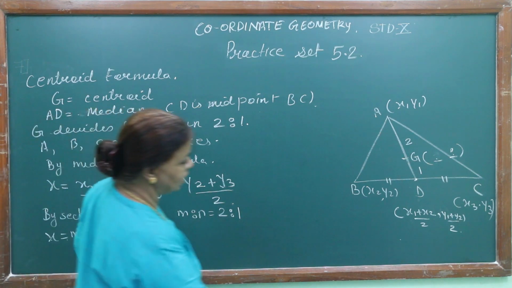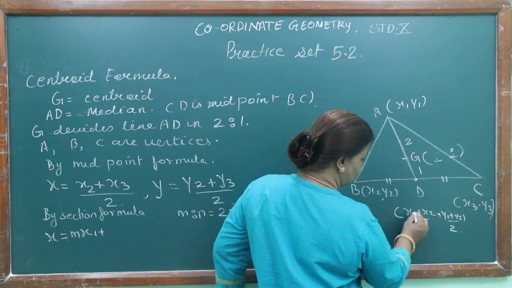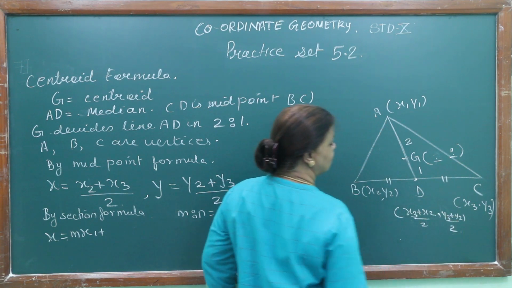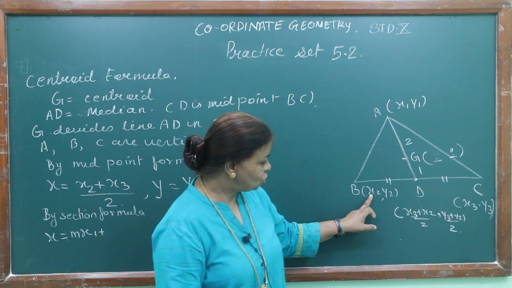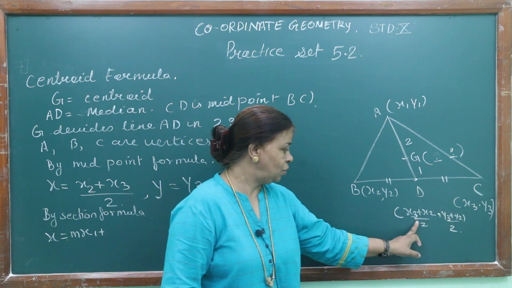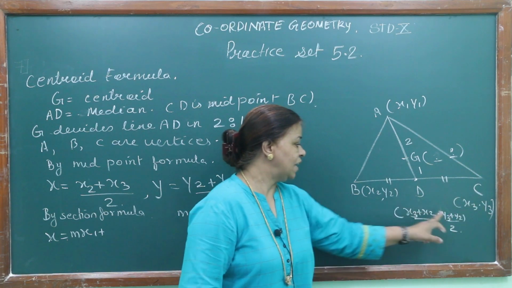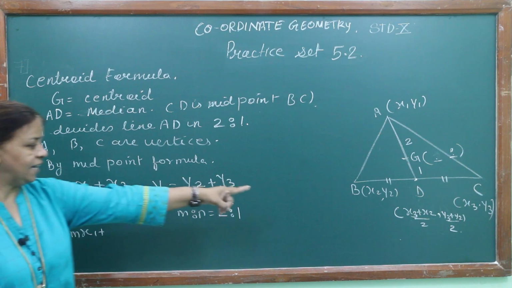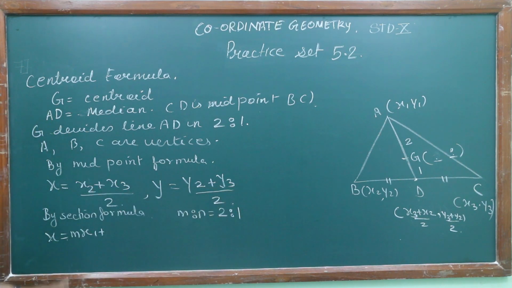Not x1, sorry, I have written x1 here. It should be x3 plus x2 upon 2, and y3 plus y2 upon 2. While writing I made a mistake, please note it.